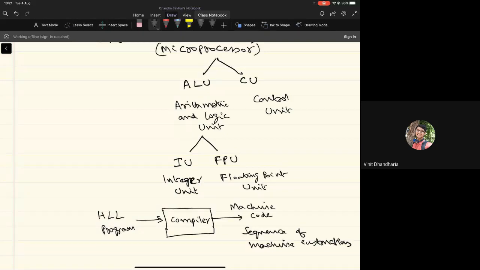As we'll be seeing later, we may want to jump from one point of the program to another point, or we may want to call functions or procedures, and pass on arguments, and we may want to support both the iterative programs, where the programs will have loop structures, or the recursive programs or recursive functions. So all these operations should be supported by the set of machine instructions of a particular processor.